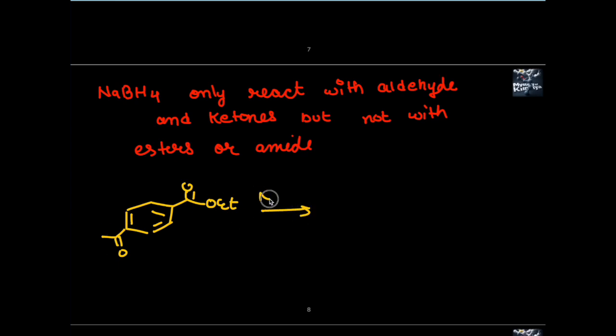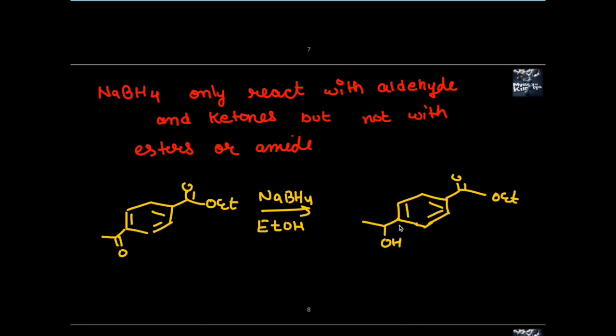On adding NaBH4, let's suppose we take ethanol in this case. This NaBH4 does not reduce the ester group. It will remain inactive, remaining like this only, but it will reduce the ketone to give this secondary alcohol.